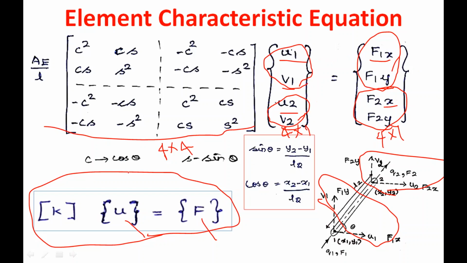In both we are using the line element only. In case of bar, we use only 1 degree of freedom for the line element. In case of truss, because the truss members have different orientations, we use the global coordinate system. So when we use the line element, at each node we will have 2 degrees of freedom, u and v.